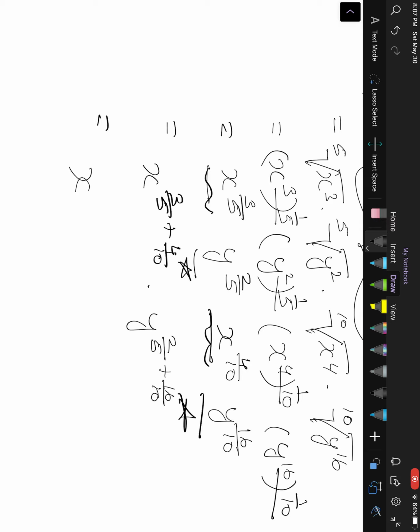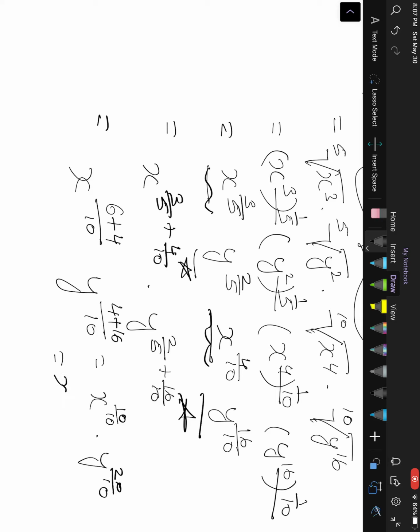So here you have fractions, you simplify the fractions, take the LCM, so that would give me 6 plus 4, and y to the power of 4 plus 16. So this would be x to the power of 10 over 10 times y to the power of 20 over 10. So this is just xy square.